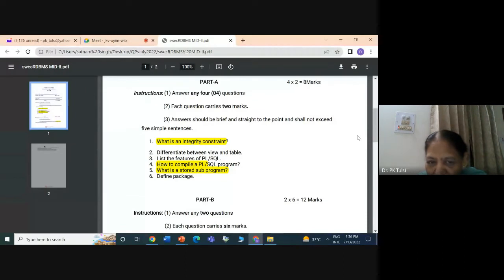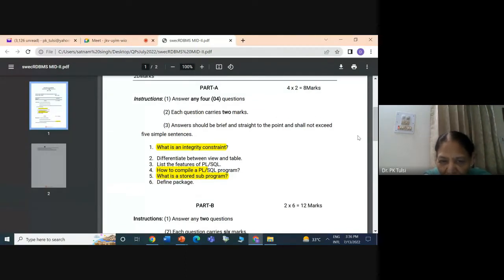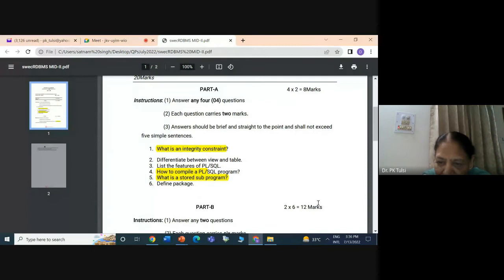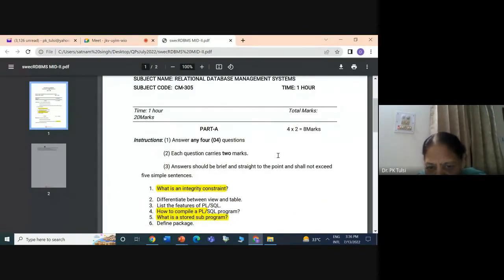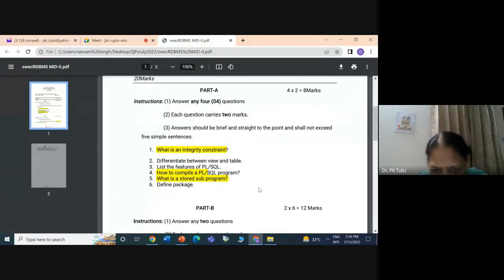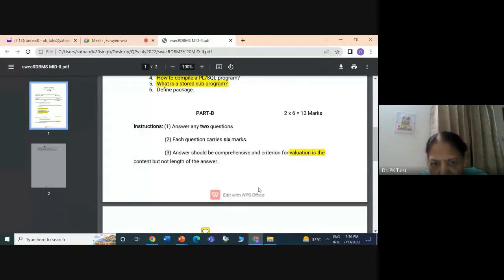अब देखिए आपने लिखा भी किया है. 6 parts are there. 2 mark each is there. Marking distribution should be 6 into 2 and not 2 into 6. अच्छा attempt ये अगले वाला है 4 into 2 fine, attempt any 4 ठीक है. ये ठीक है आपके केस में. अब देखिए ये वाला है answers should be comprehensive and criteria for valuation क्या होती है is the content but not length of the answer. ये तो होना ही नहीं चाहिए.